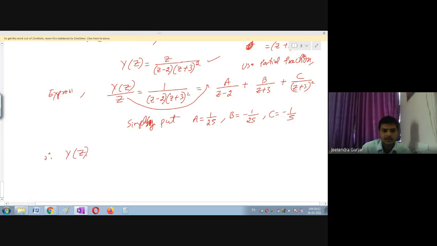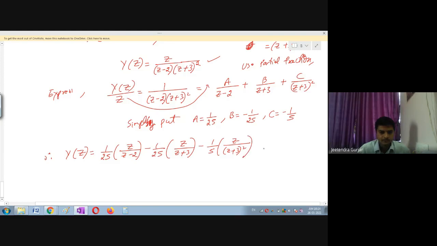So Y of z is equal to 1 upon 25 outside, and in the bracket z divided by z minus 2, plus, again minus 1 upon 25 in the bracket, z divided by z plus 3, and minus 1 divided by 5, z divided by (z plus 3) square. Yes, students, please check. Any doubt? Please tell me now.